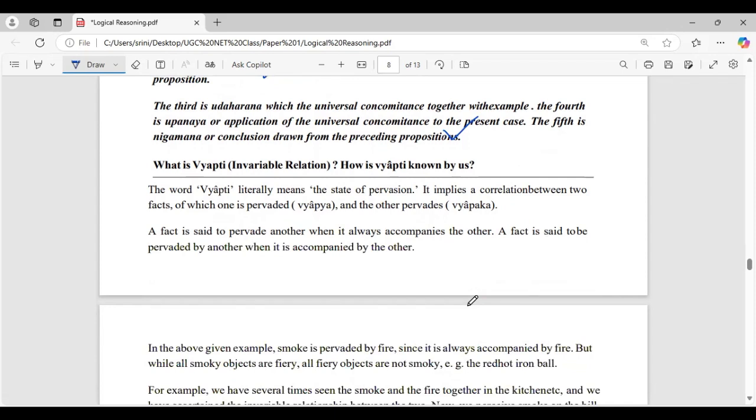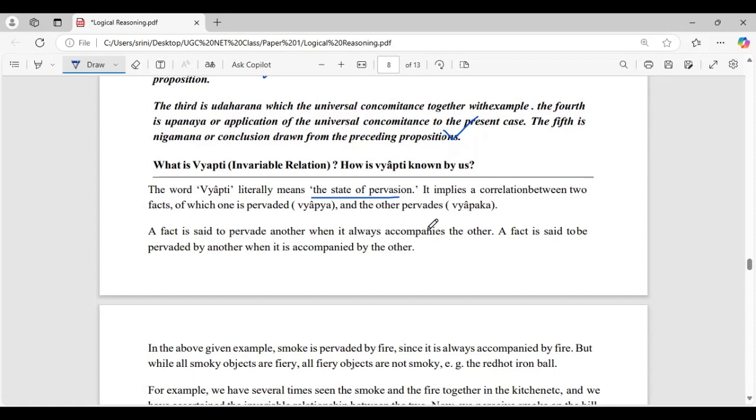The word Vyapti means the state of pervasion. It implies a relationship between two facts, of which one is pervaded, Vyapya, and the other pervades, Vyapaka. A fact is said to pervade another when it always accompanies the other.